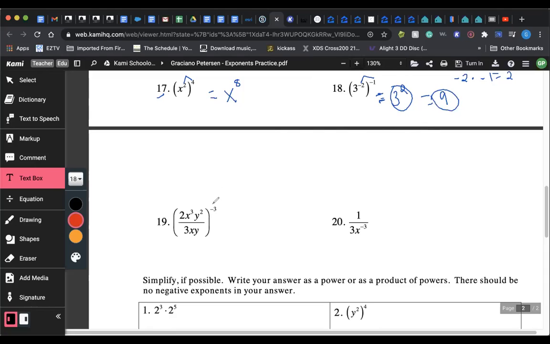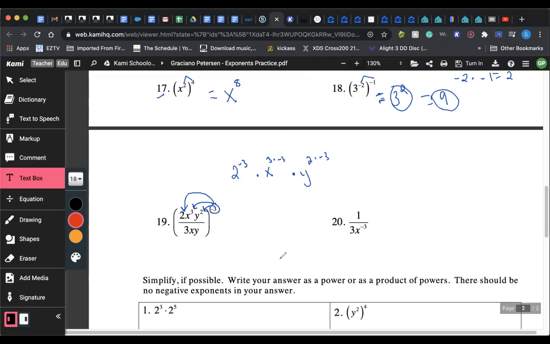All right, so for number 19, we have to apply this negative 3 to every single term that's inside the parentheses. We're going to start with the numerator. So it's going to be 2 to the negative 3 times x cubed to the negative 3 times y squared to the negative 3.